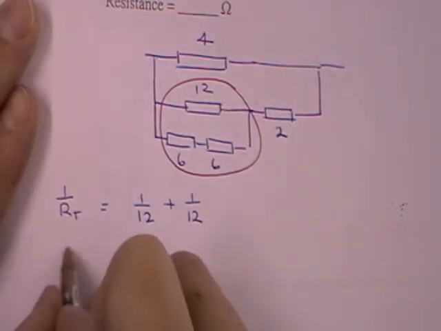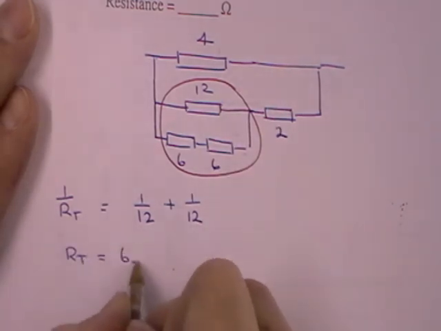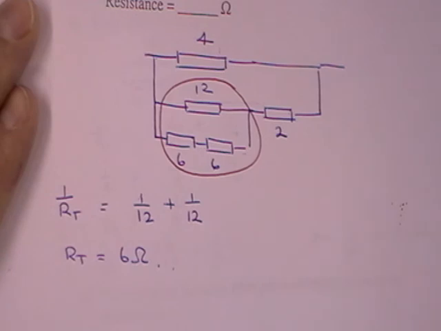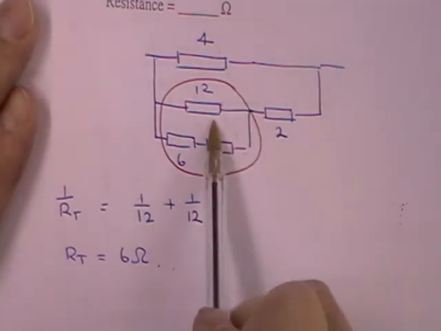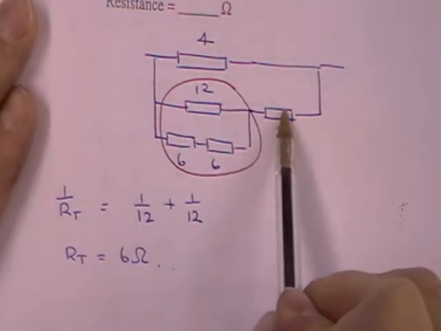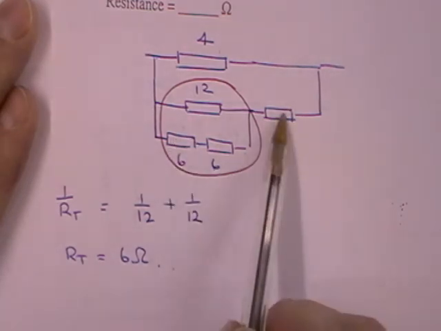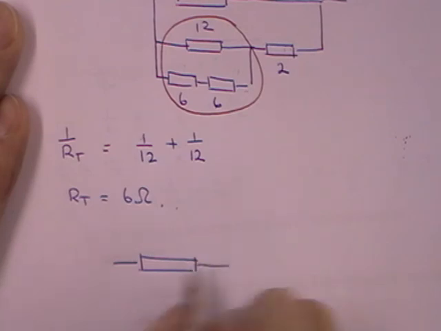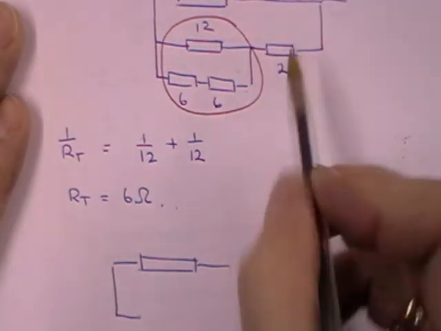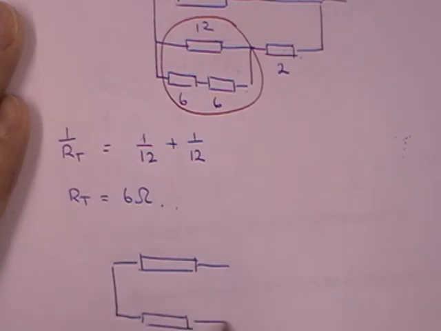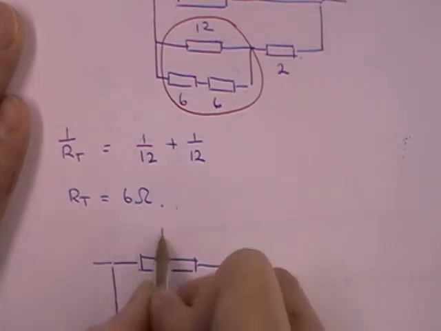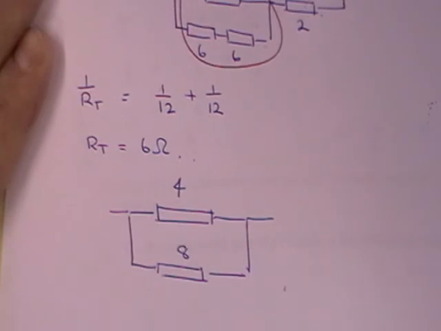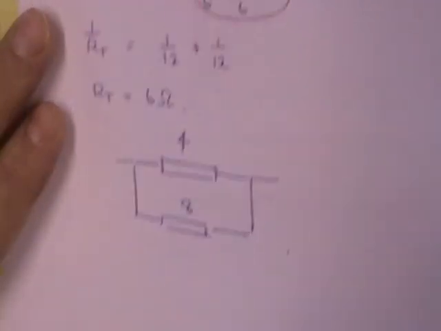And so I'm just going to write down RT equals 6 ohms. Okay? So now I've got a 6 ohm resistor beside a 2 ohm resistor, and that means 6 and 2 gives me 8. So I can redraw my circuit again in a way that makes sense to me. I've got a 4 and I've got a 6 and a 2, and so therefore that's 8. So really I'm down to a 4 ohm resistor and an 8 ohm resistor, like that.